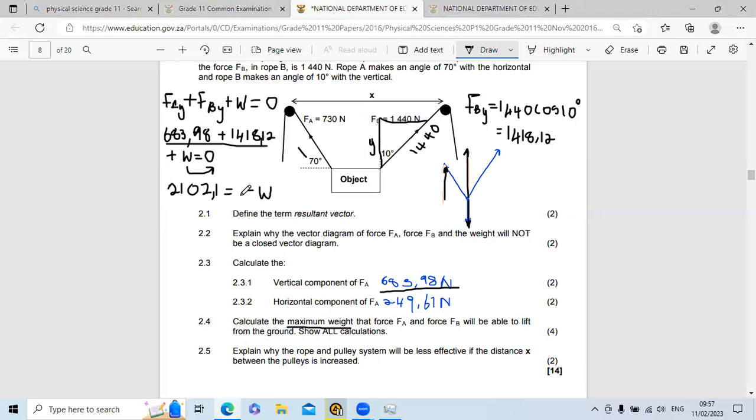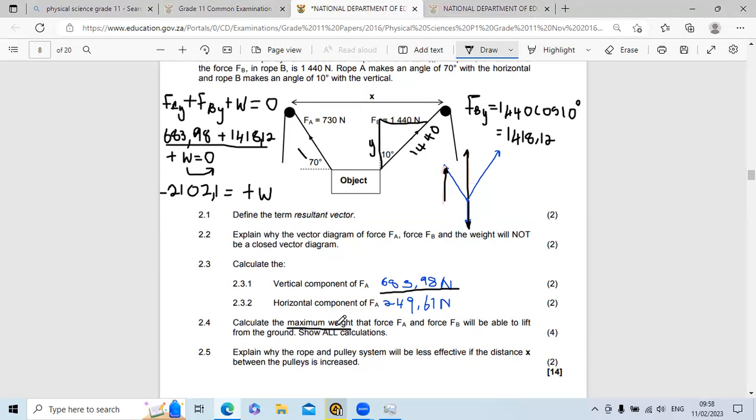And in order to change this weight to a positive, you multiply both sides by -1. So here it changes into a positive, and here it changes into a negative. So the maximum weight that the forces will be able to lift off the ground is 2102.1 newtons.